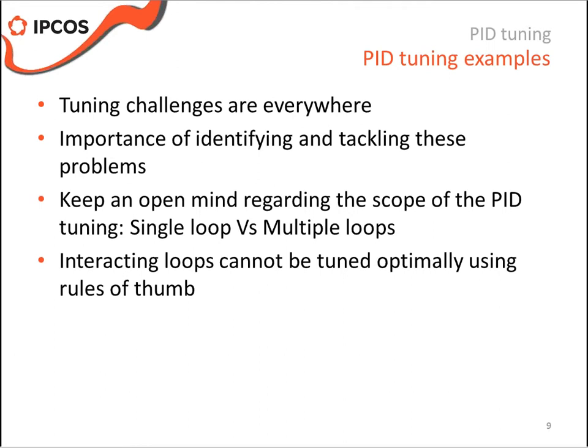Also, if you have multiple interacting loops, it is actually not possible to tune them by using your standard rules of thumb or spreadsheets, etc. You really need some software to do that. And we believe we have Inca AptiTune, which is probably the only software that can deal with those sorts of problems.